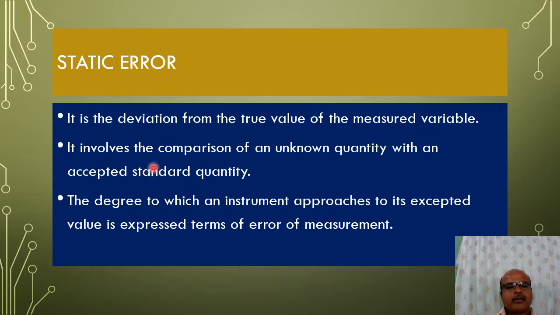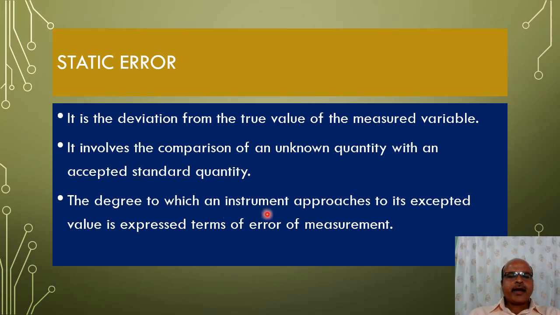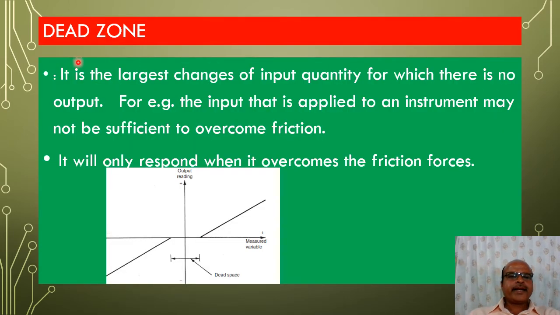It involves the comparison of an unknown quantity with an accepted standard quantity. The degree to which an instrument approaches its expected value is expressed in terms of error of measurement.